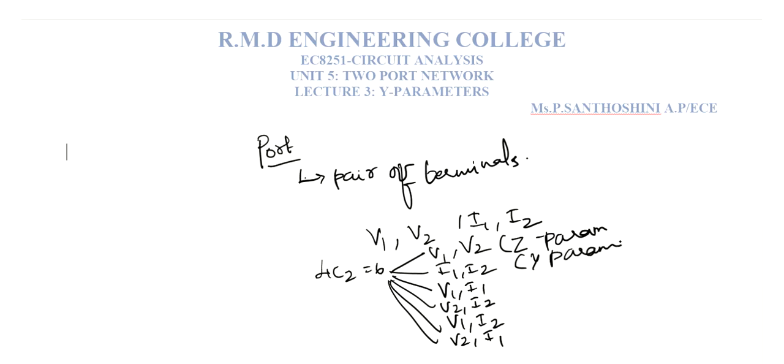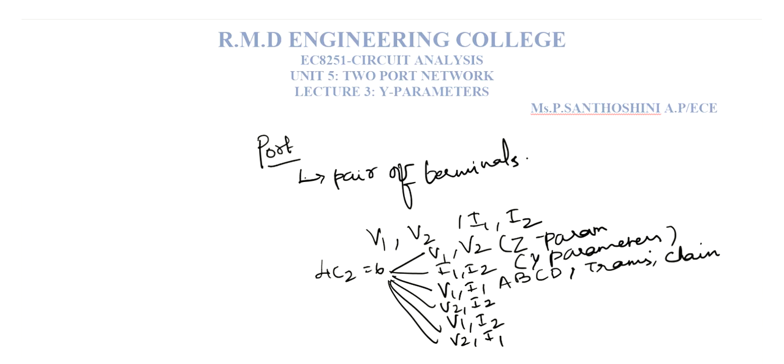Now we are going to see about this concept, I1 and I2. And V1 comma I1 we call ABCD parameters, which has three names: ABCD parameters, transmission parameters, and chain parameters.